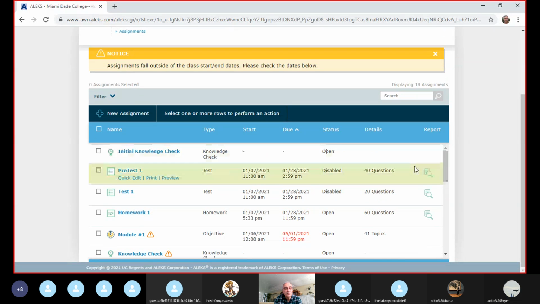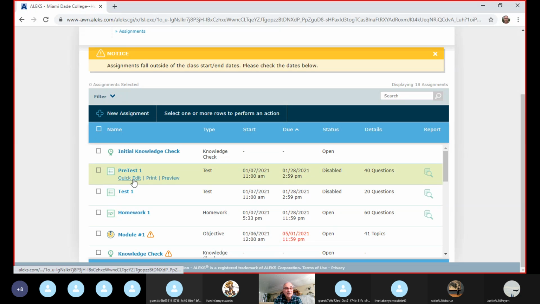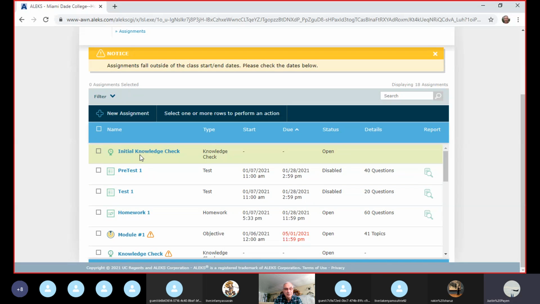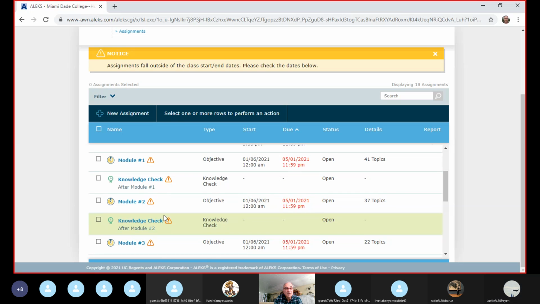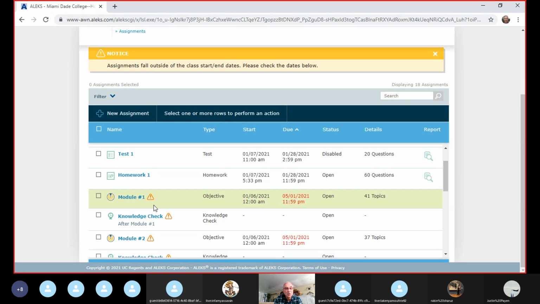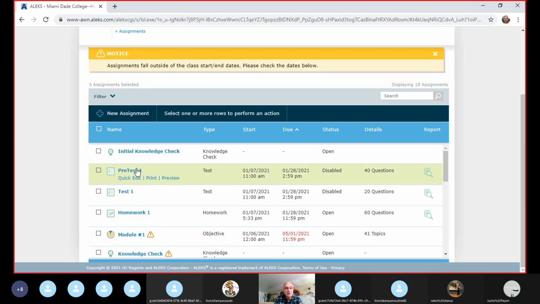In this window, I have homework number 1, test number 1, and pre-test number 1. Initial knowledge check, skip that. What I prepared for you was homework number 1, test number 1, and the pre-test.